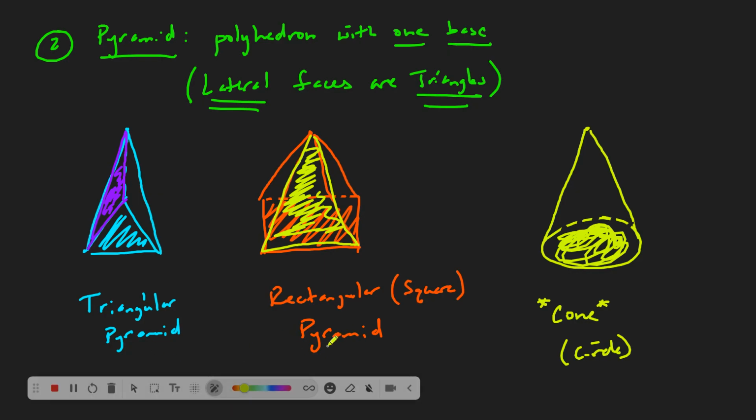Okay, so we talked about prisms, we talked about pyramids. The last 3D shape that we must mention is a sphere.